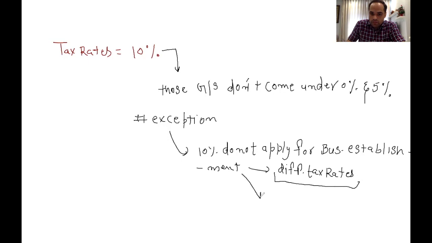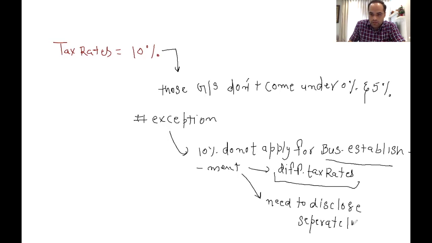In addition, those kinds of services which belong to business establishments need to be disclosed separately. So any goods and services which belong to business establishments, the 10% tax rate does not apply on it. A different kind of tax rate applies, which we will have a look at. We call it the deemed tax rate.